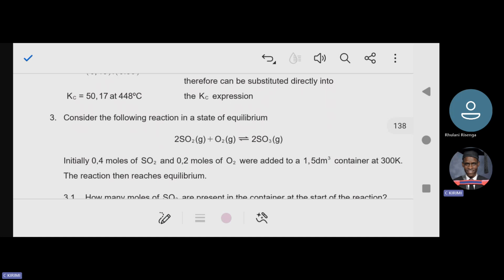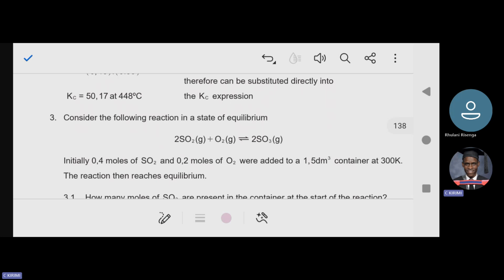So initially, 4 moles of sulfur dioxide and 2 moles of oxygen were added to a 1.5 dm3 container at 300 kelvins.